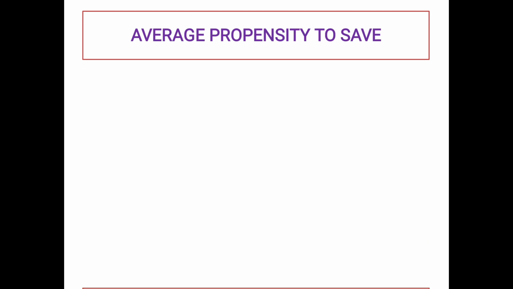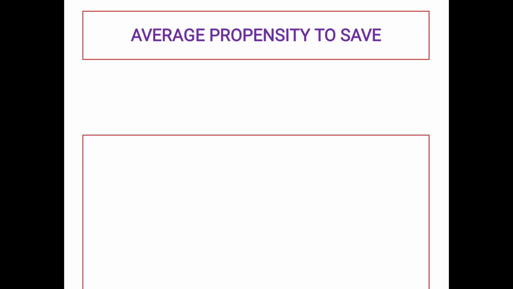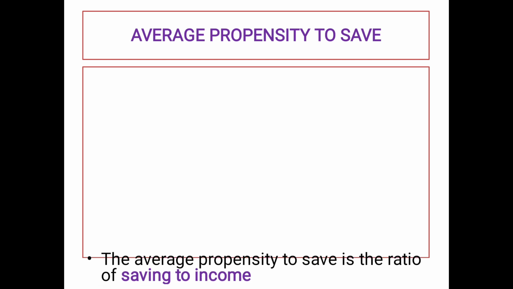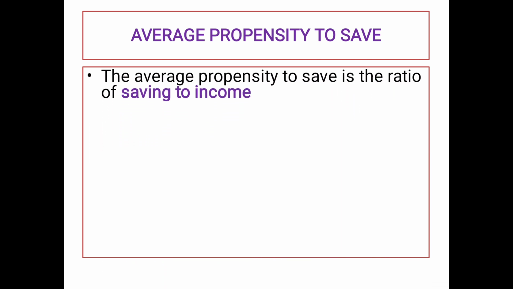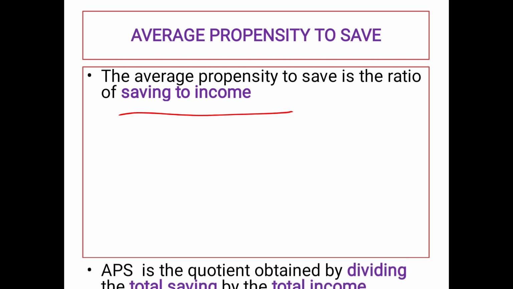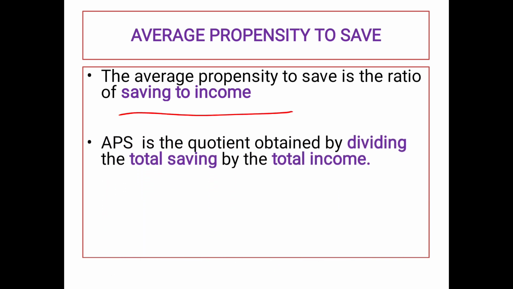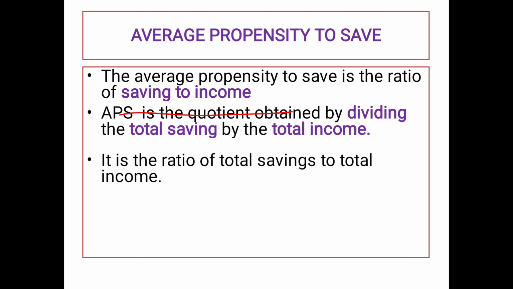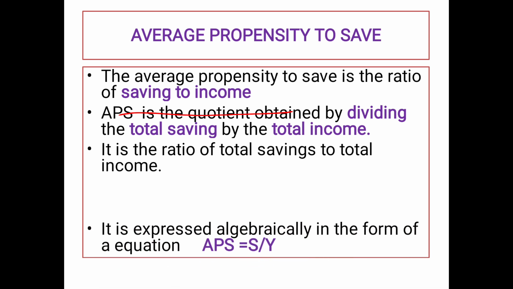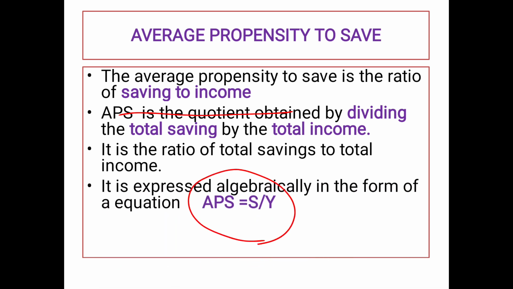Okay. Next one is average propensity to save. So what is average propensity to save? Average propensity to save is the ratio of saving to income. So you can calculate this with a formula where APS is equal to S by Y. Okay, so what does S stand for?